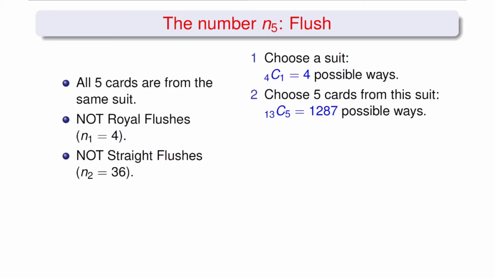Now 13 choose 5, that's 1287. But be careful. Within these 5 cards, they may be a royal flush, or maybe a straight. Now we have to subtract those cases.